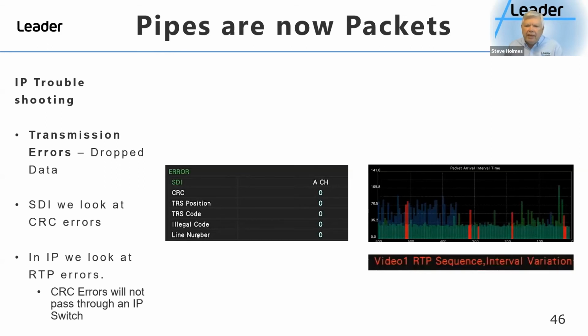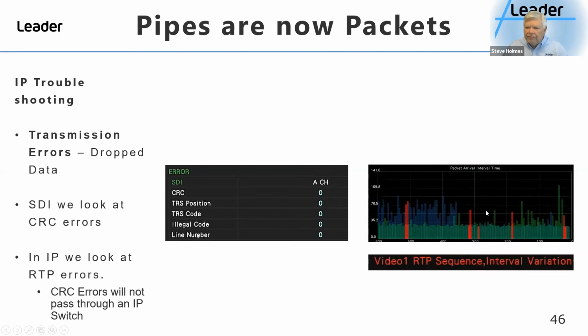In IP, we're going to be looking at that packet arrival time that in the previous slide was a nice, clean set of min and max values. Here's one that's definitely in severe trouble. And this is what it would start looking like. You'd start having these packets coming in really late, packets coming in super early, almost slamming the graph down to 0.